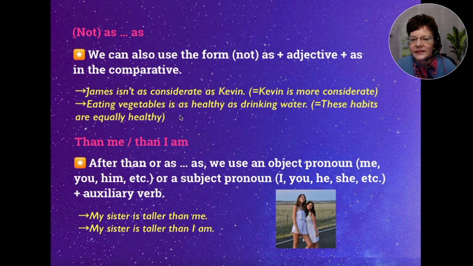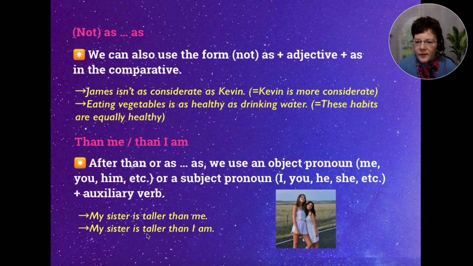All right. So now let's look at than me or than I am. So after than or as, we use an object pronoun such as me, you, him, etc., or a subject pronoun, I, you, he, she, etc., plus an auxiliary verb.